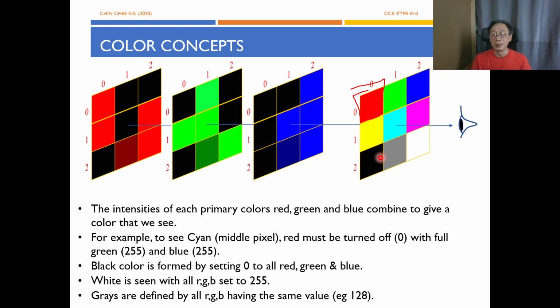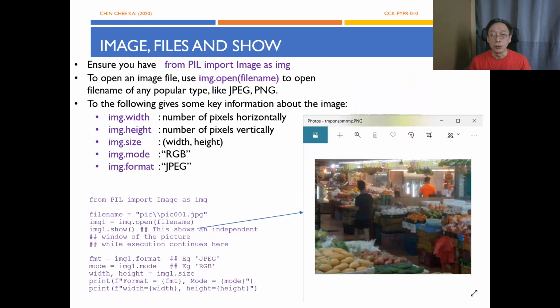Check whether the pixel's 3 color components are all equal. White is one form of gray because it's all equal to 255. And black is the darkest gray because it's all 0 equals 0 equals 0. Great. So that gives us a quick intro into how various colors are formed.